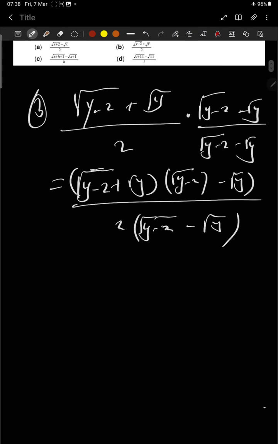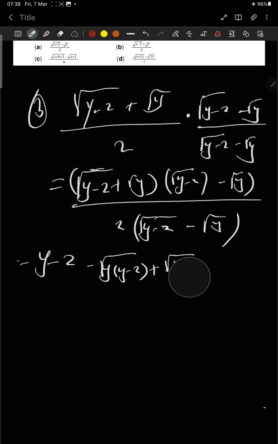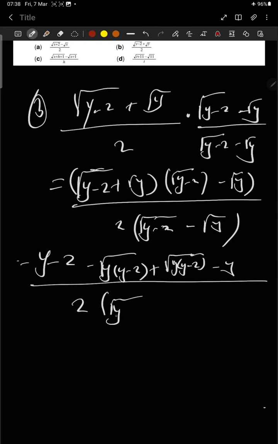So if you multiply this, what is inside will cancel. It will be y minus 2, plus minus y minus 2 plus square root of y minus 2 minus y over 2 square root of y minus 2 minus the square root of y.